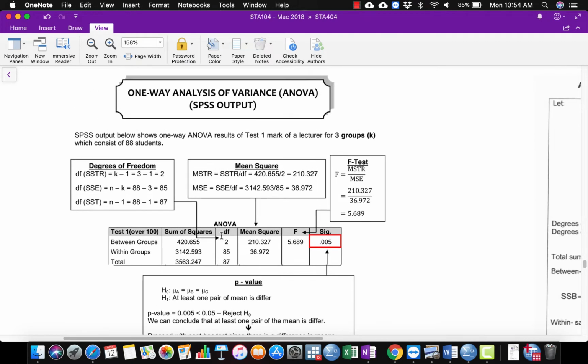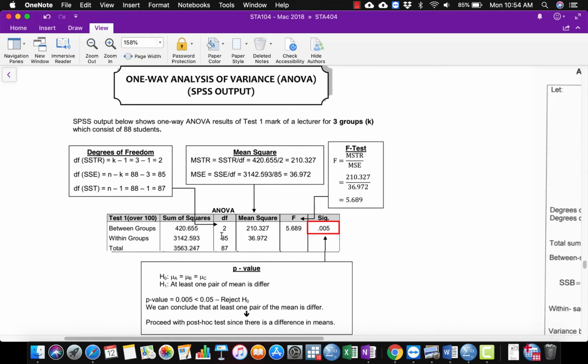Before we go further, I just want to emphasize that this topic is for finding the mean difference of three groups, two or more groups, right? So if your objective is to find the mean difference of more than two groups, you can use one-way ANOVA.